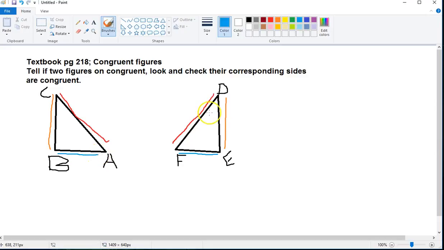So how to write that? We're going to have line AB is congruent to this line here, EF. Then DE and CB.